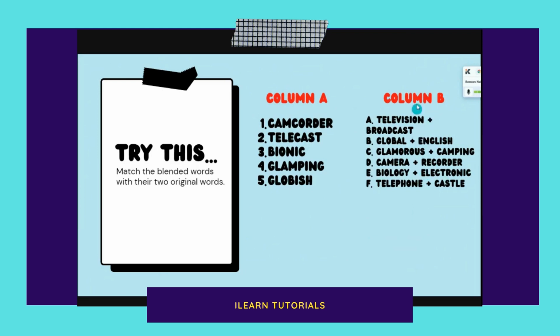What you will do is to match these blended words with their original words. I will give you 1 minute to try this activity. So, time starts now.